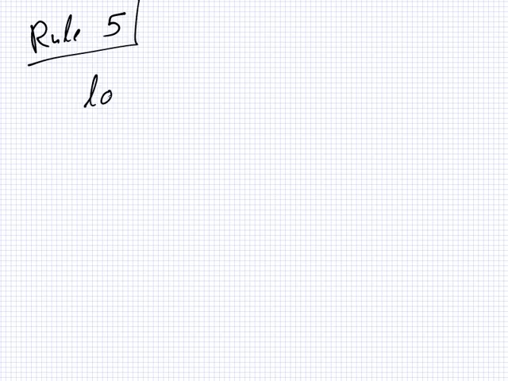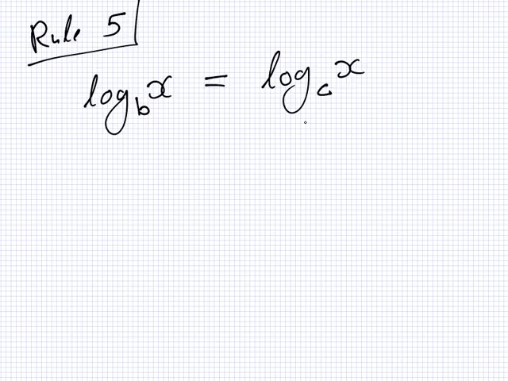Next rule. The next rule is when you want to change the base. So if you have base b of x, but instead of base b, maybe you'd like to make it a different base, like base c. The price you pay for changing the base from b to c is that you must divide your answer by log_c b.